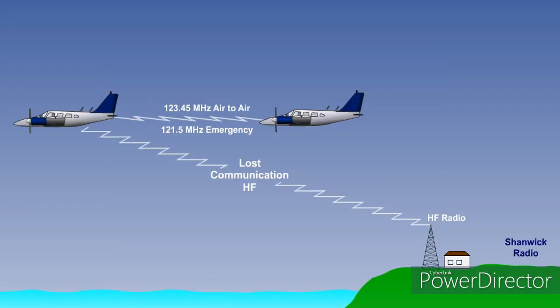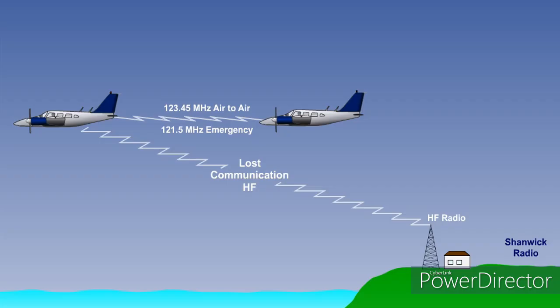In the event of a loss of ability to maintain the normal criteria in the MNPSA, the OAC should be informed, but in the event of loss of contact, there are several ways in which messages may be passed, principally relays on the air-to-air frequency of 123.45, but also on the emergency frequency 121.5.